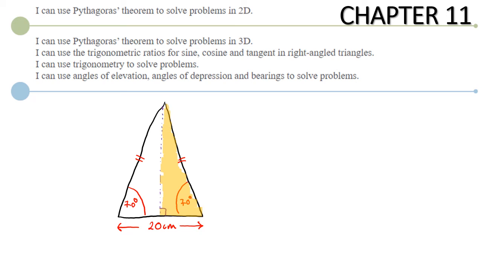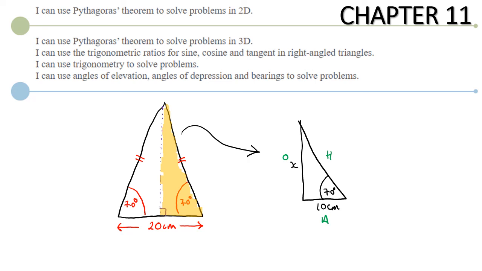If I just draw that half of it like this, it's still 70 degrees. This would be 10 because it's only half, and we're trying to work out this. So label: adjacent, opposite, hypotenuse. What's useless? H is useless. So it's O and A.